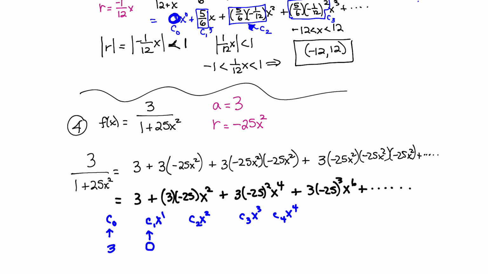Do I have an x to the second power? Yeah. So what's my coefficient there? 3 times negative 25. Do I have an x to the third? No. So what's my coefficient there? 0 again. Do you see? You have to be very careful when you start listing them out, that those coefficients correspond to the powers of x. Okay?